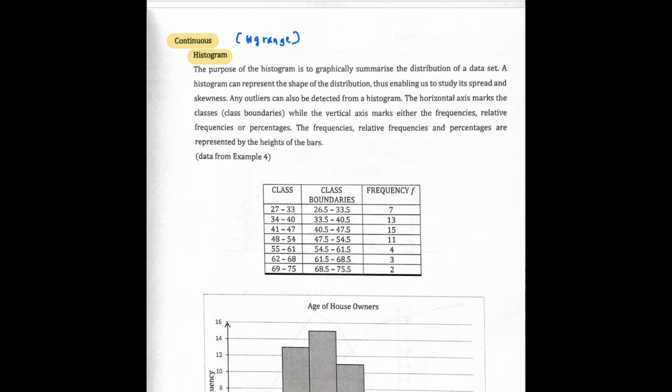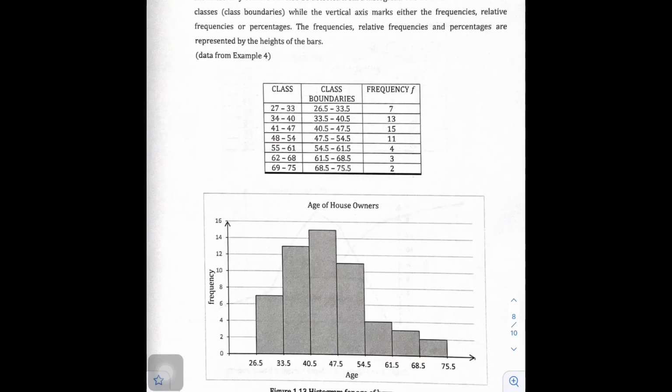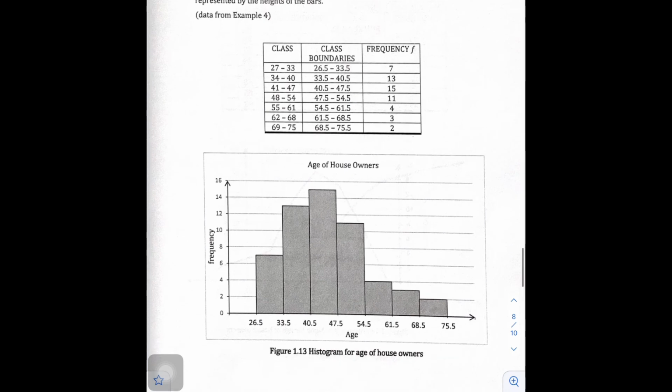So that's how you find the class boundaries, which is the lower class limit minus 0.5, upper class limit plus another 0.5. Okay, so this is the example of the histogram, where your x-axis will be the class boundaries. Make sure on the x-axis here, you display the class boundaries for each class. And then the y-axis is your frequency.